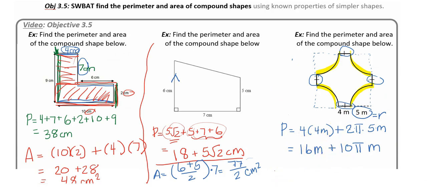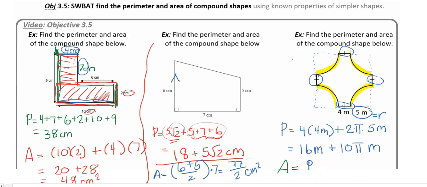So for area, we're going to use the idea that I alluded to before. You can think of this weird shape as a square, and somebody's cut out 4 quarters of a circle. So the area of this weird shape is basically the area of a square minus the area of a circle.